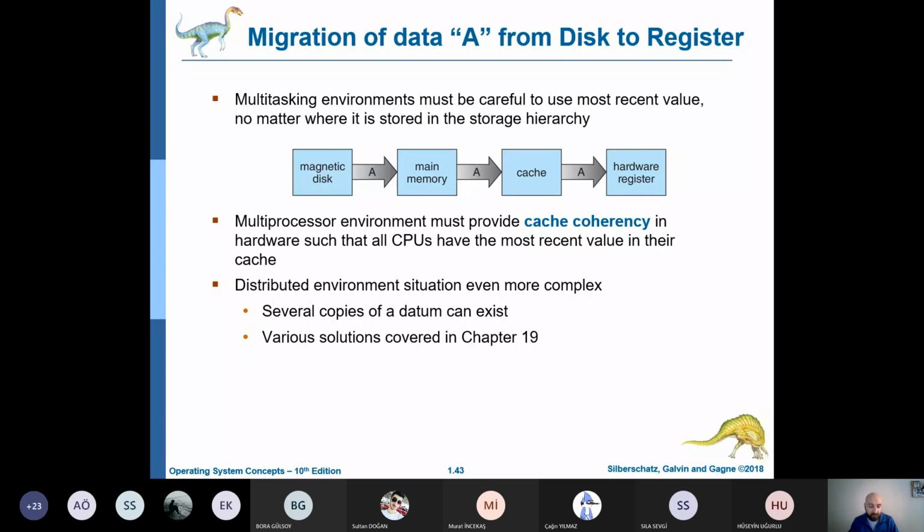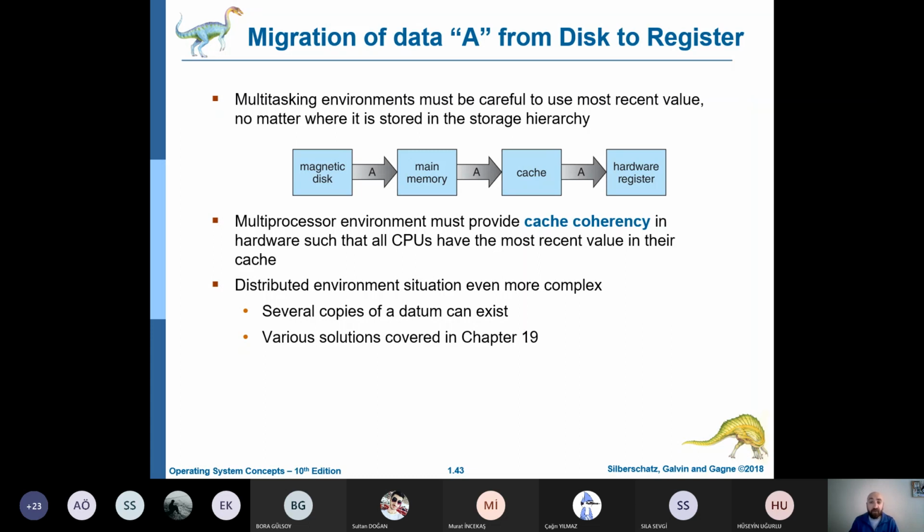The situation becomes more complicated in a multiprocessor environment. In such an environment, a copy of A may exist simultaneously in several caches of several central processing units. Since the various central processing units can all execute in parallel, we must make sure that an update to the value of A in one cache is immediately reflected in all other caches where A resides.